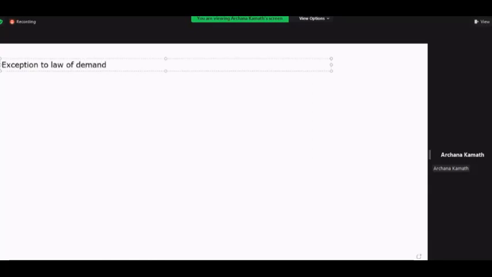Okay, next one which we are going into detail is there are certain commodities which do not follow law of demand, which are generally categorized as exception to law of demand. It's not necessary that all the time the price fluctuation is going to bring about a negative influence on the quantity of demand of any product.